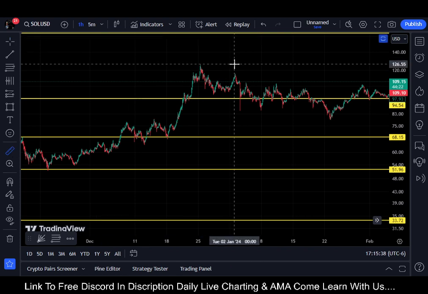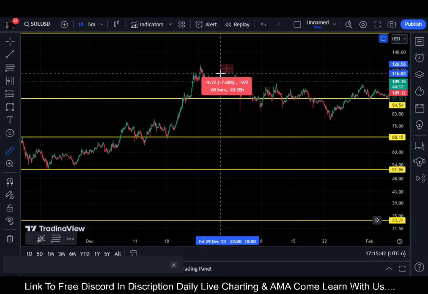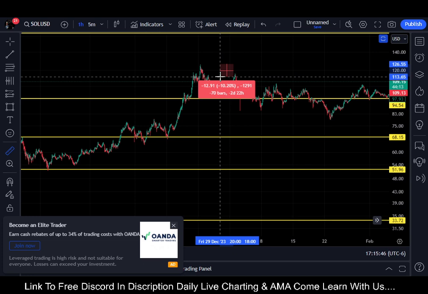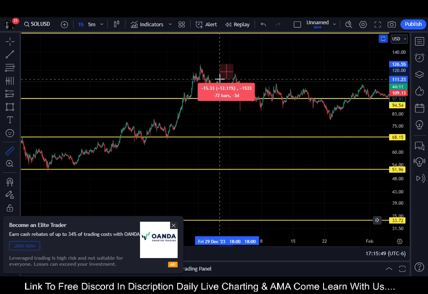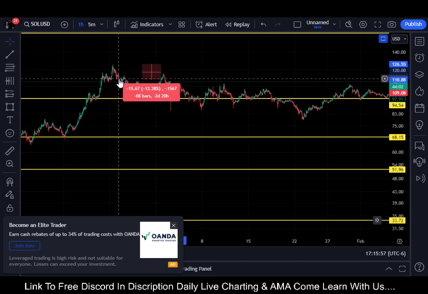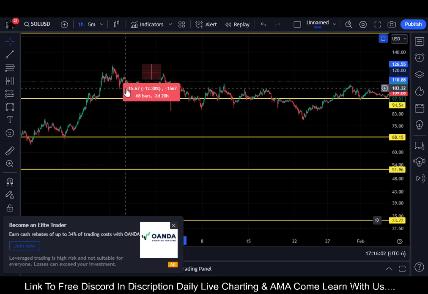And we're going to come down $15.76. So there's $10. Let's come down $15.76. See this low right there? Reaction.